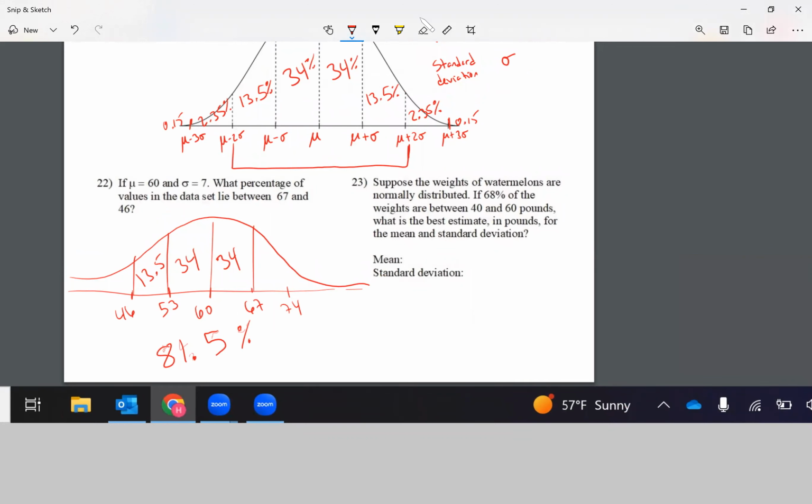Now here, question number 23. Suppose that weights of watermelons are normally distributed. If 68% of the weights are between 40 and 60, okay, so let me take a look at what I mean here. 68% of my people. Let me do a normal distribution here.